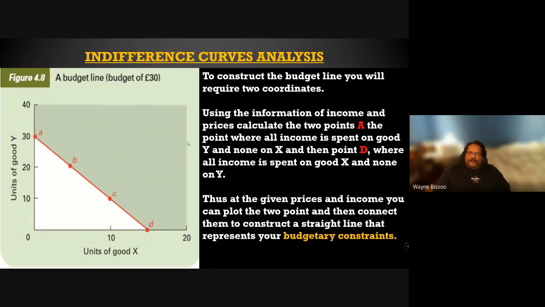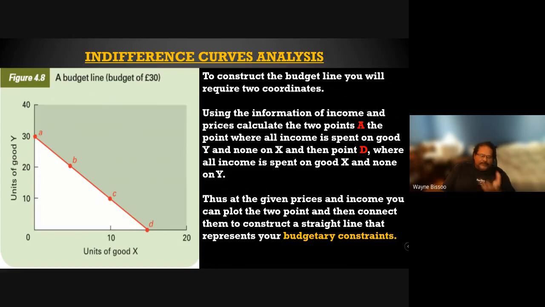All right. To construct a budget line, you require two coordinates. Using the information of income and price, calculate the 2 points: point A, where all income is spent on good Y and none on good X, and point B, where all income is spent on good X and none on good Y. Now, you all remember how you do this when we were solving equations and had to plot a line on a graph.